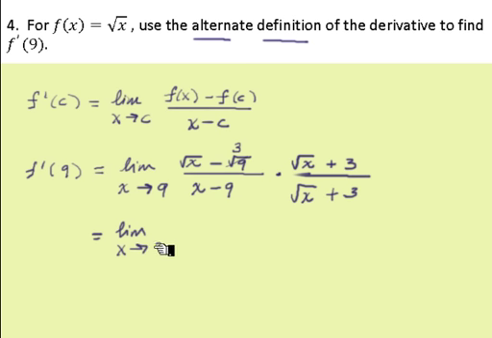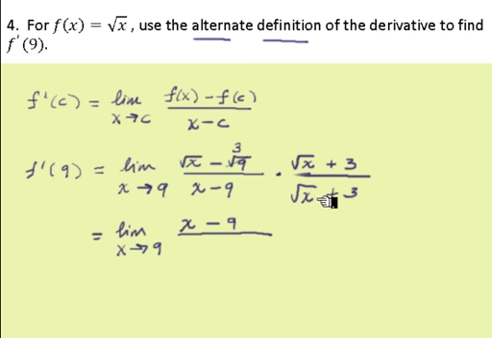So when we multiply conjugates, the middle term drops out, and we're just left with square root of x times square root of x. That's x. The outer plus inner is 0. And the last is minus 3 times plus 3, that's minus 9.